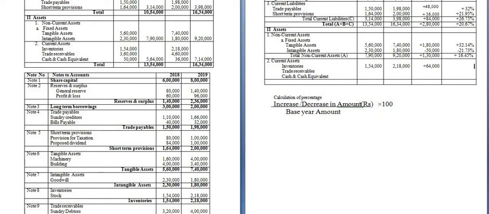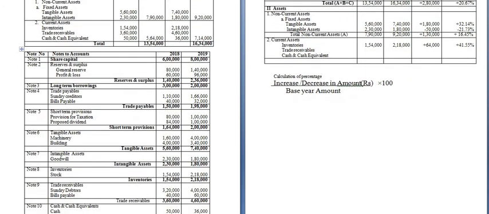How will you find it out? 64,000 divided by 1,54,000 into 100 is equal to, first plus sign, 41.55%. Now next one, trade receivables. So here is the detail.